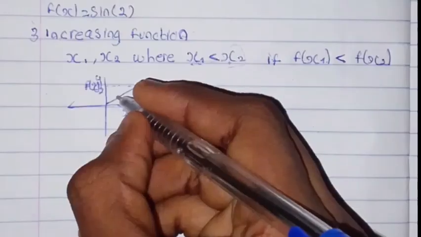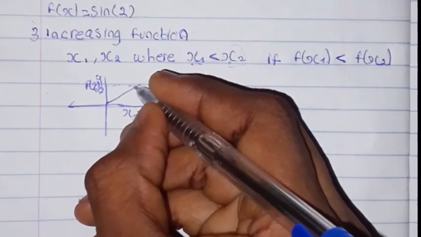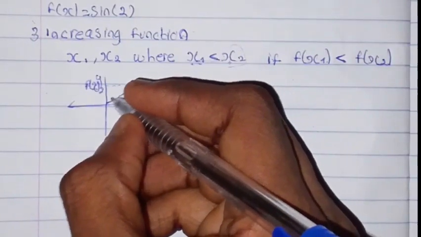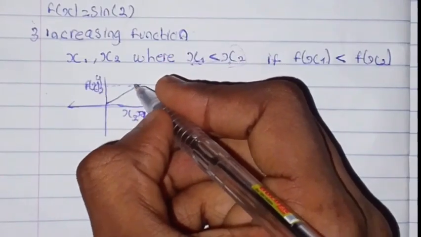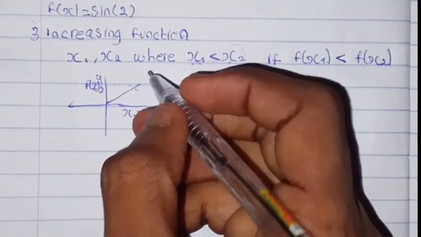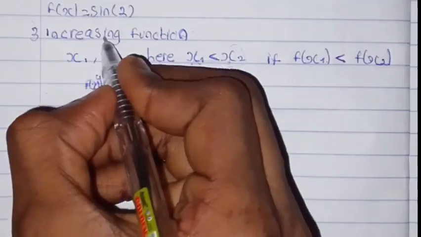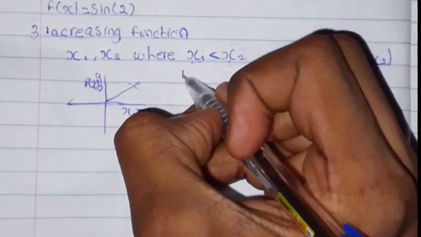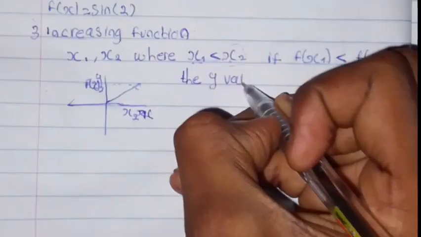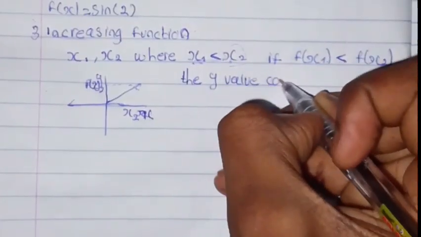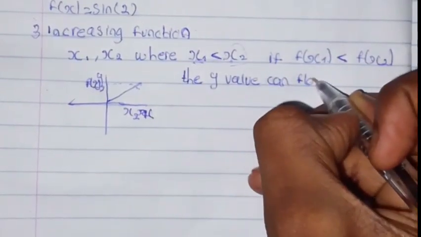A strictly increasing function only has this slope, meaning that the y value never stops increasing. But for an increasing function, the y value can flatten out.